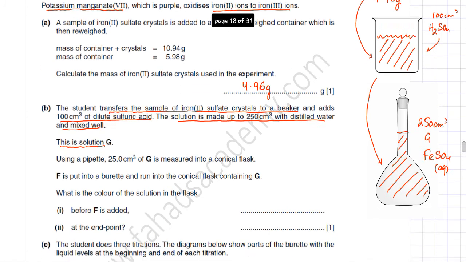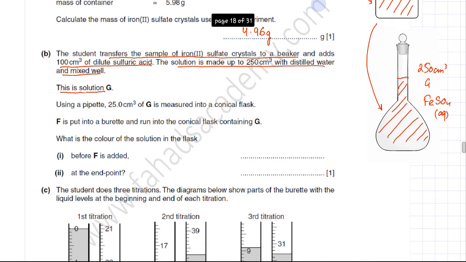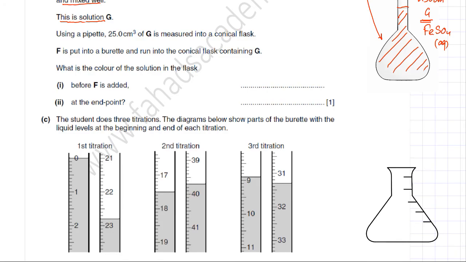In the next part, the question states that using a pipette, 25 cm³ of G is measured into a conical flask. So now you're transferring this solution G. Let's draw a flask. Here is my flask. I'm going to transfer 25 cm³ of solution G into this flask.